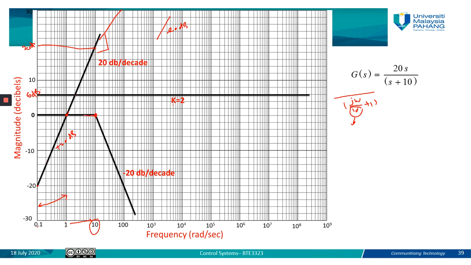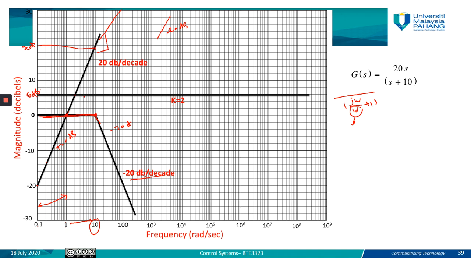Before 10, all the values will be equal to 0, because omega is less than omega 1 here. 10 here represents the omega 1 value. After 10, which is greater than omega 1, it will be negative 20 dB per decade. So now we have these three plots for the log magnitude value for the three factors.